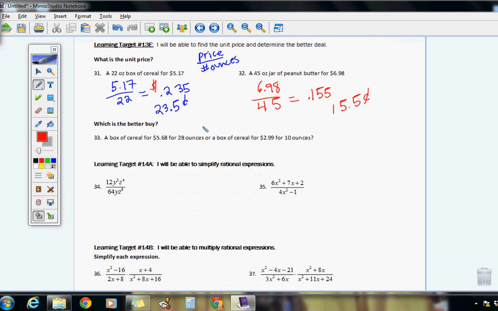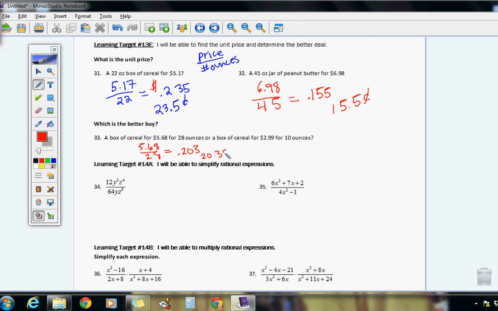So now we're looking for the better deal. All right, what's the better deal? You got cereal, $5.68 for 28 ounces. Another box of cereal, $2.99 for 10 ounces. Well, again, if you just take the $5.68 and you divide by the 28 right there, you're going to get a 0.203 unit price. So 20.3 cents.